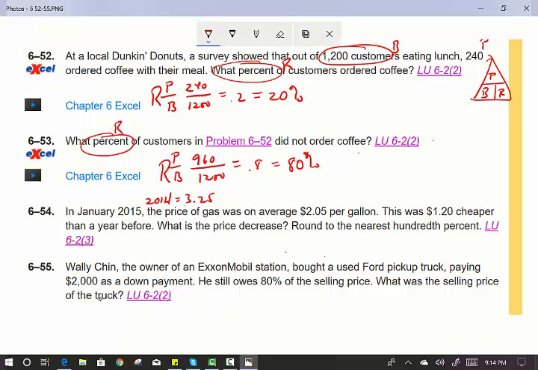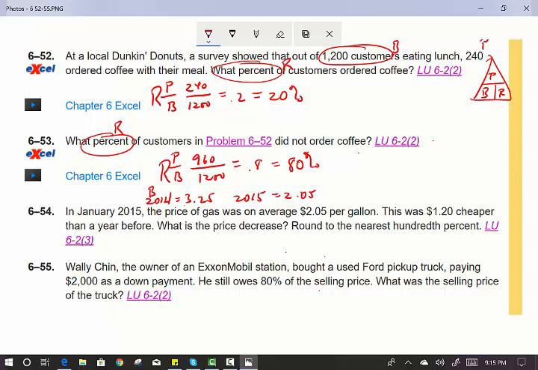And in 2015, the average price is $2.05, which represents $1.20 cheaper than the year before. What is the price decrease? Okay, 2014 was the year that I'm comparing this to, so 2014 is going to be my base year. And the difference between $3.25 and $2.05 is $1.20.